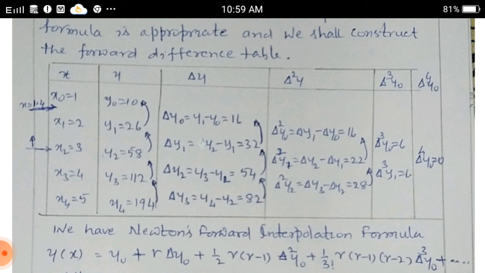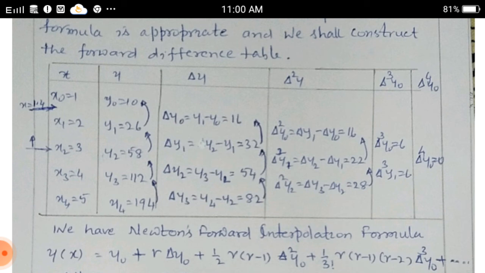You take the first value in every column of the forward difference: delta y0, delta square y0, delta cube y0, delta to the power of 4 y0, and so on. These are the forward differences.